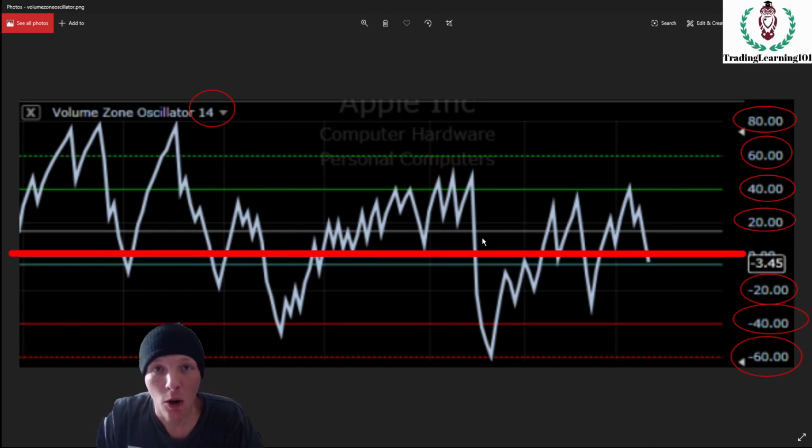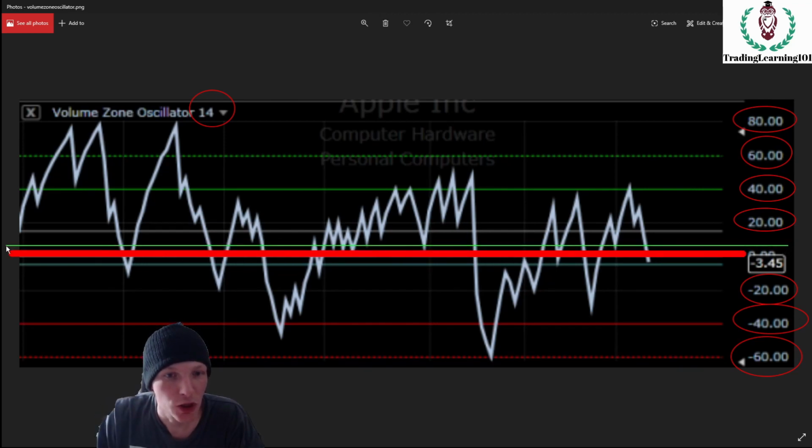And then on most volume oscillators, you're also going to have a 5% bullish line just above the 0 line. And then you're going to have a negative 5% bearish line just below the 0 line.